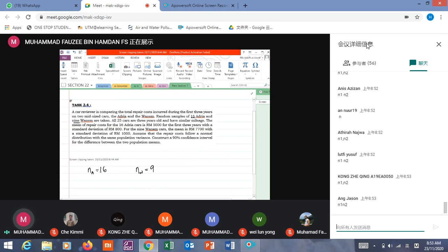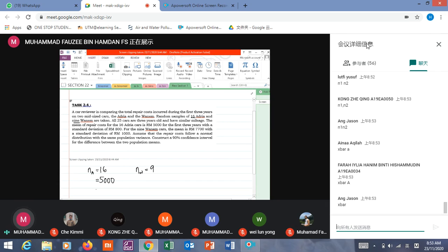Okay, now all these 25 are 3 years old and have similar mileage. The mean repair cost for 16 area is 5,000. What is the symbol for 5,000?